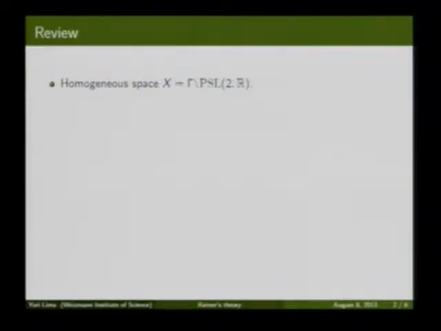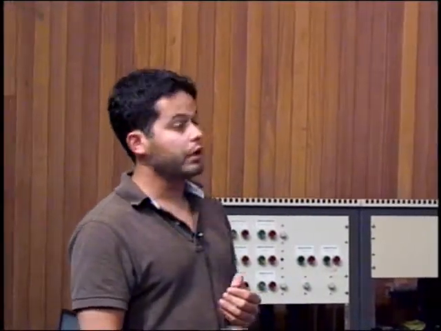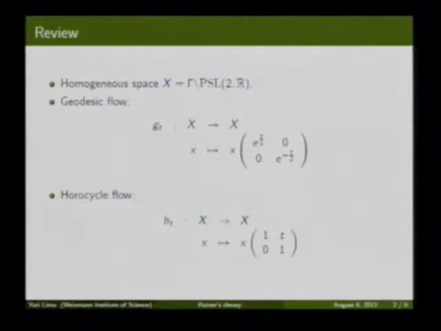And when we looked for the algebraic description of geodesic and horocycle flows on this quotient, we got that the geodesic flow is a right multiplication by a hyperbolic matrix, and the horocycle flow is a right multiplication by a unipotent matrix, right?